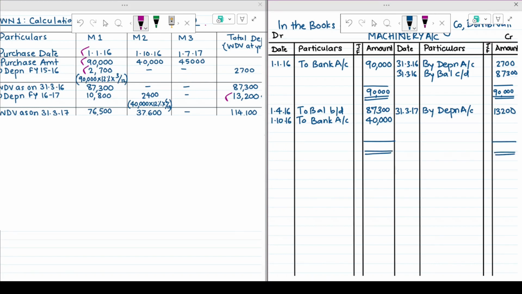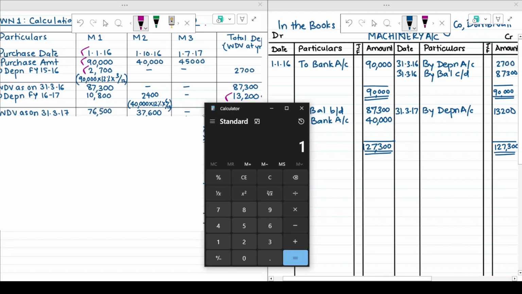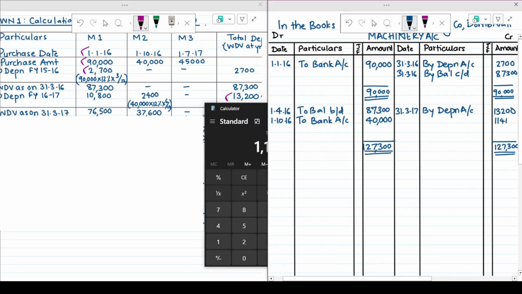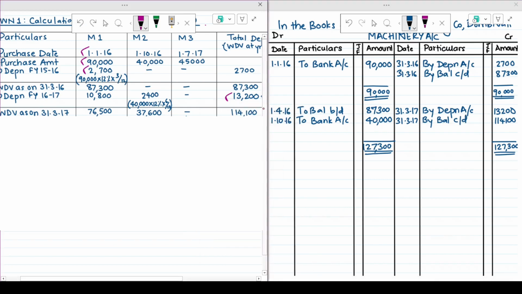The total will be 87,300 plus 40,000, 1,27,300. 1,27,300 minus 13,200 will give us 1,14,100. So the balancing figure is 31/3/17 by balance closed down 1,14,100. This tallies with our WDV calculation, 1,14,100.